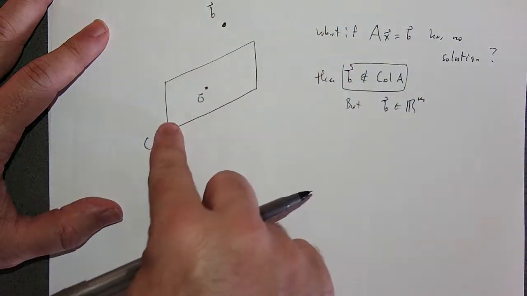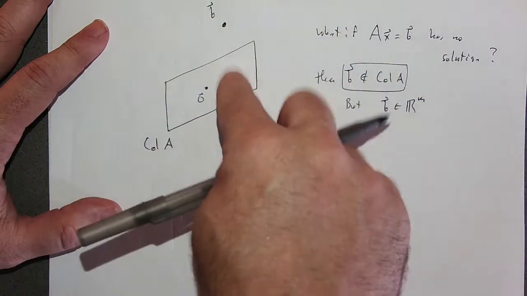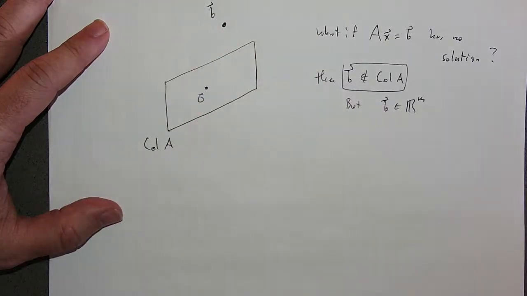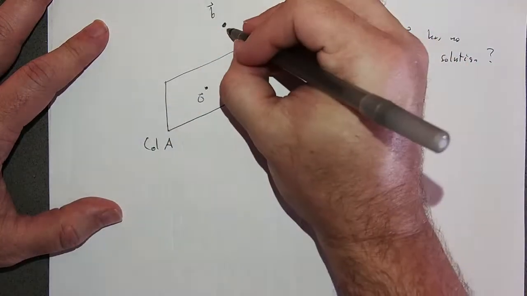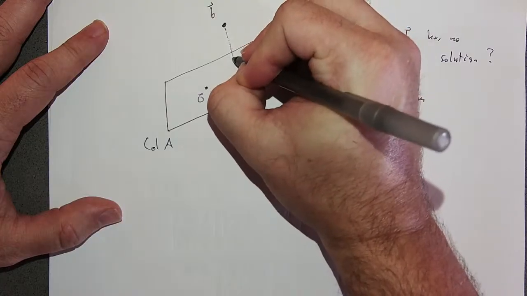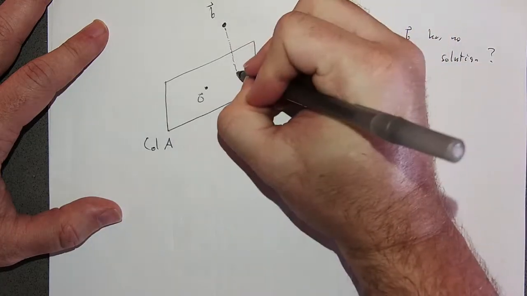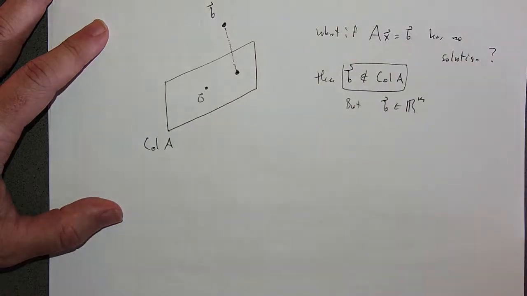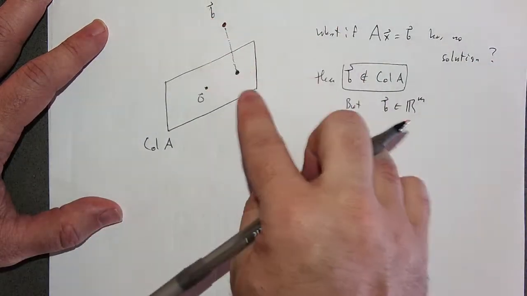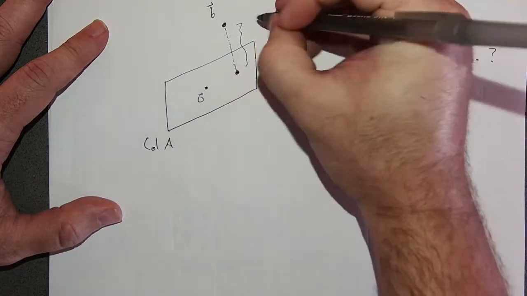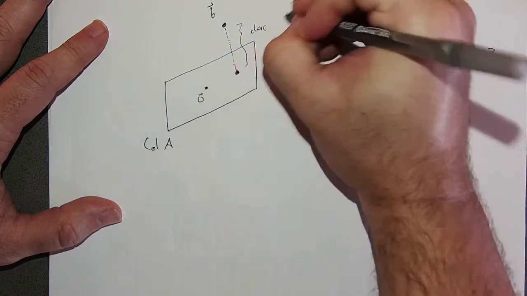That's not in my column space. But how do I find something in the column space that is as close to b as possible? Well, what I would do is somehow project this b onto my column space in a way that this is as close as possible.